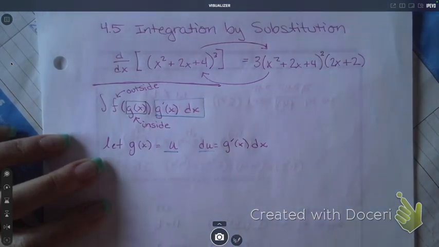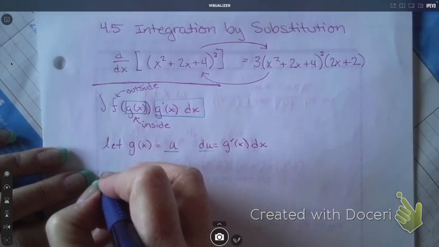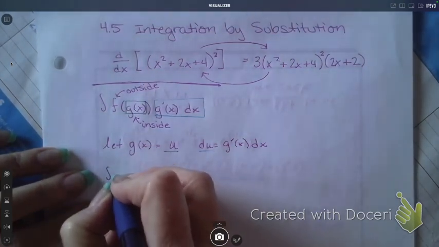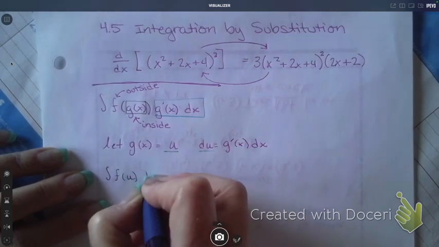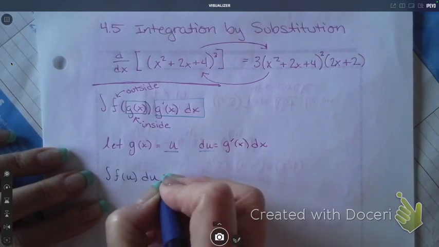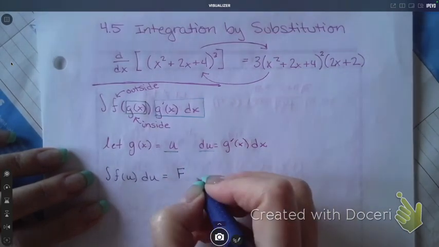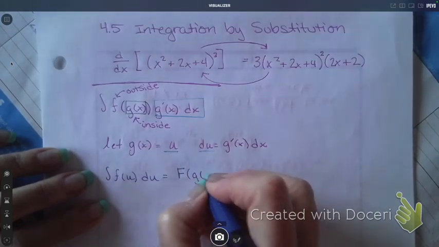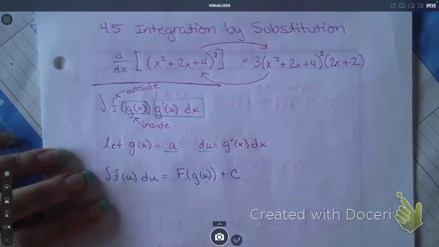So my new formula is the integral of f of u du is equal to the antiderivative of f of g of x plus c. Where'd you get the c from?